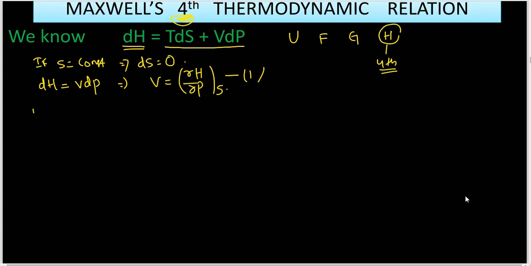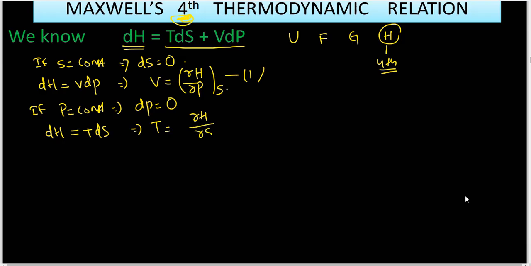Also in the second case, if P equal to constant, then dP equal to 0, then the remaining part will be dH equal to TdS. Look at the top equation, that implies T is equal to del H by del S at a constant P. This is equation number 2.